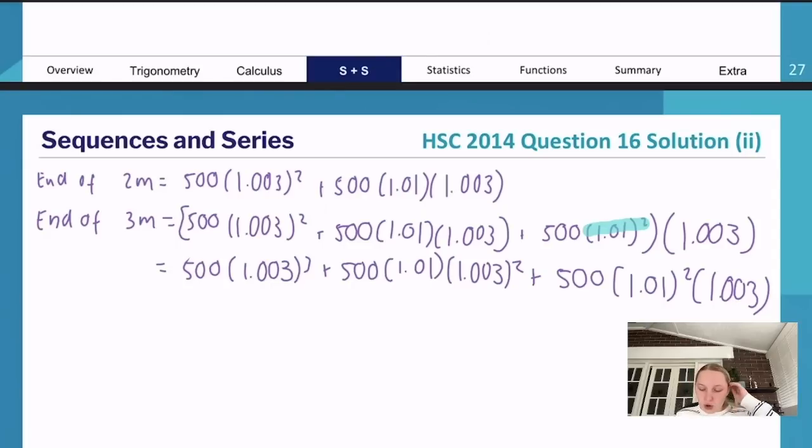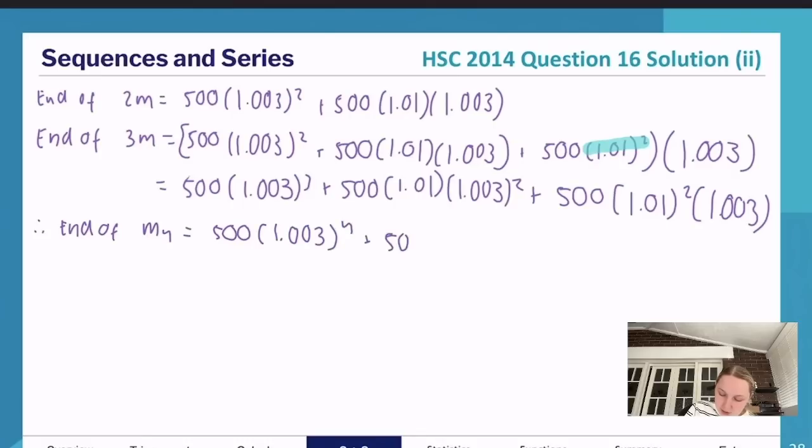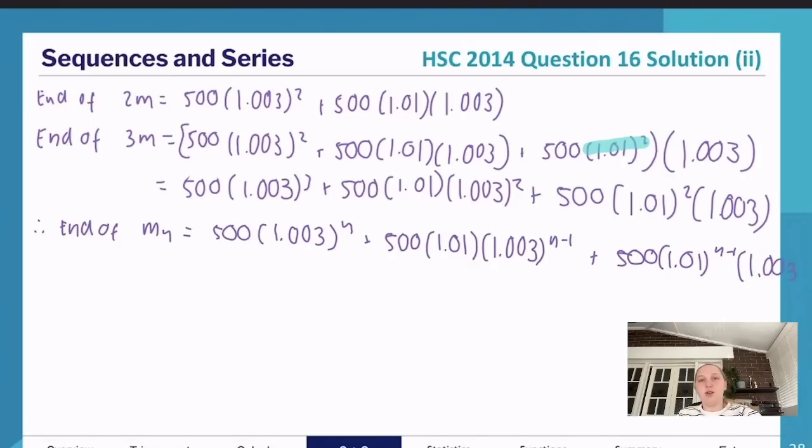Okay, so then what we're looking at is, therefore, if we've got the end of month n, we've got 500 × 1.003^n plus 500 × 1.01 × 1.003^(n-1) plus 500 × 1.01^(n-1) × 1.003. Okay, so that's what we're looking at when we're looking at this sort of question.